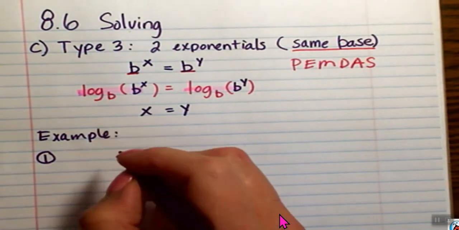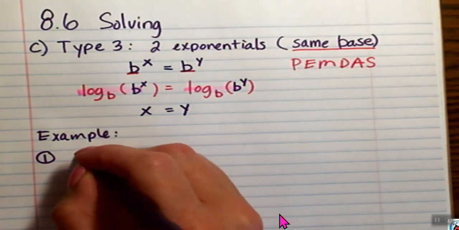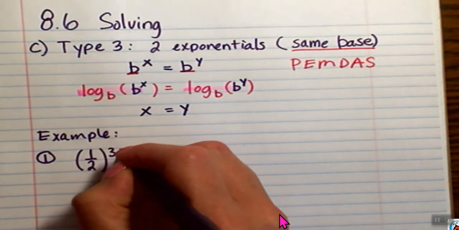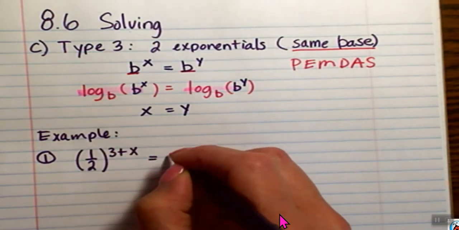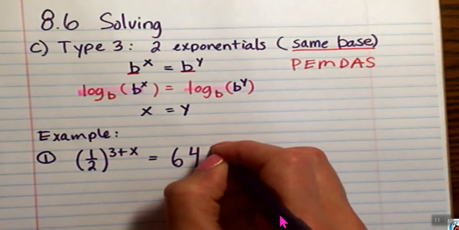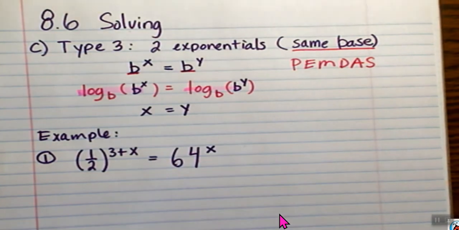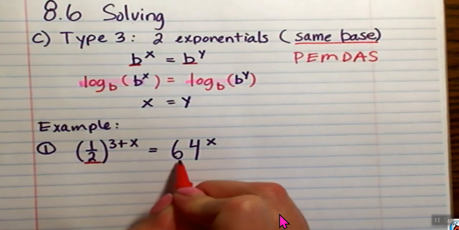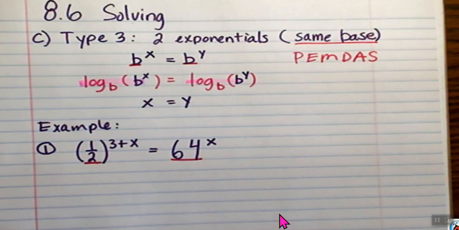And keep in mind here, let's go ahead and start with where the parentheses are, where the variables are. All right, so the first thing I notice is that I have an exponential on both sides of the equation. So I'm going to look at my bases.